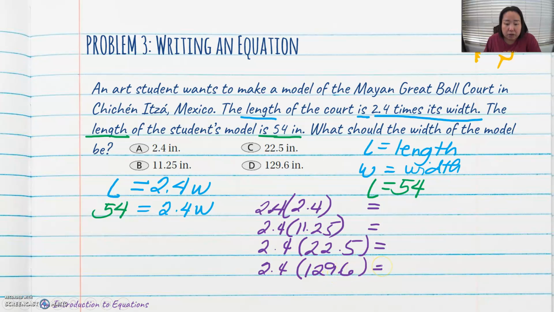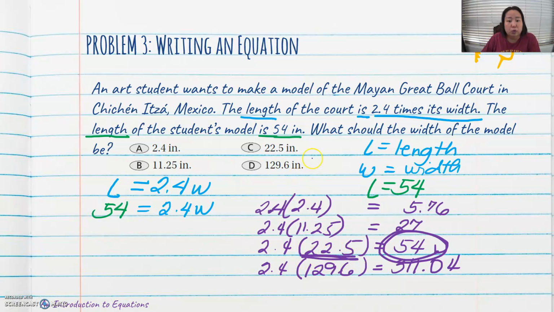You can use a calculator to get these values. If you multiply each of these numbers by 2.4, these are the values. And if we are looking for the length that is 54, then it is going to be this amount, and that choice is 22.5. So for this problem, our answer is letter C, 22.5.